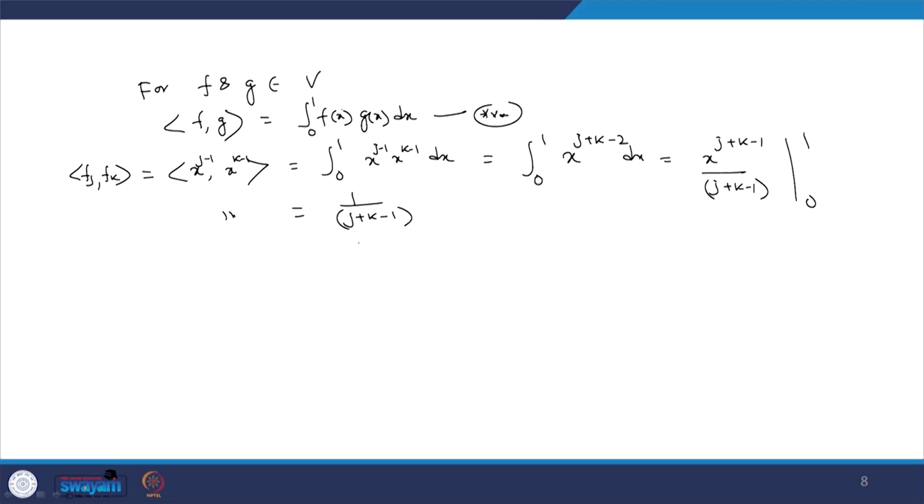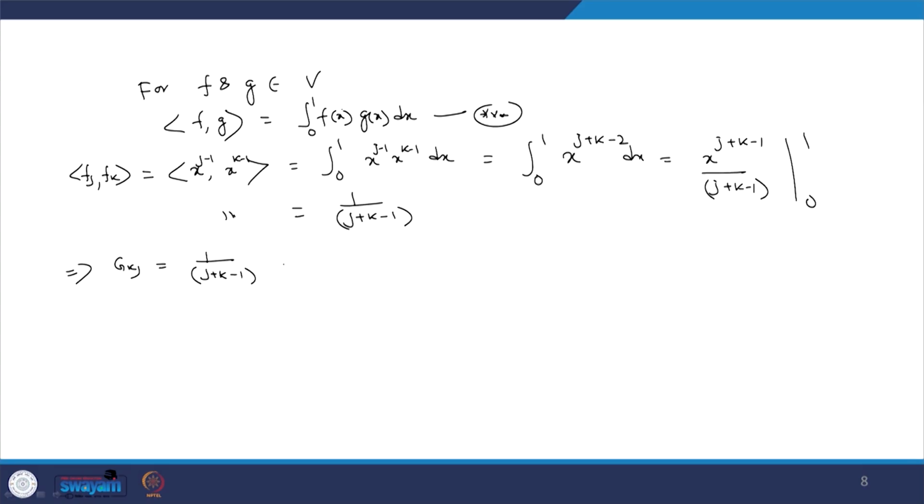So, we see that the inner product of fj and fk is like this. This implies that if I consider g kj, g kj equals 1 by j plus k minus 1.